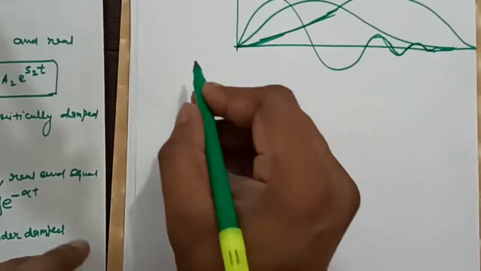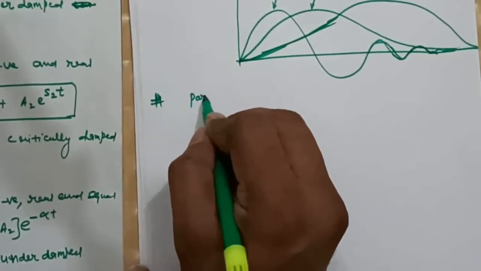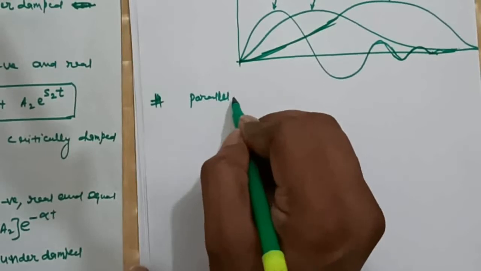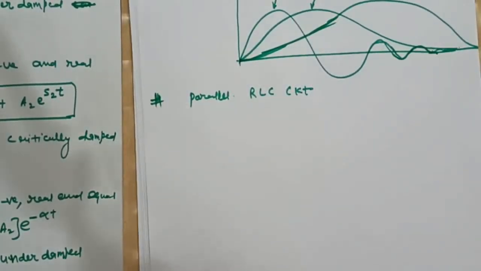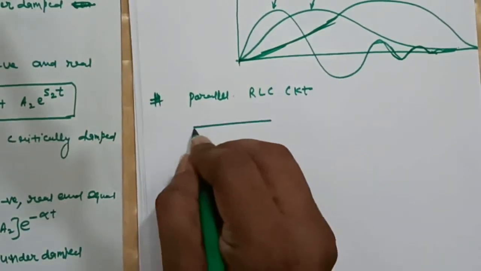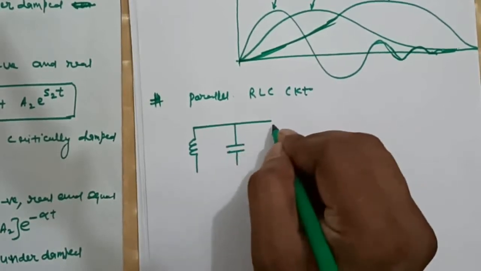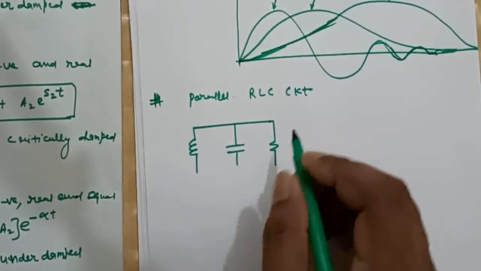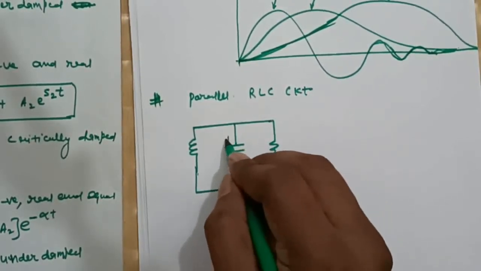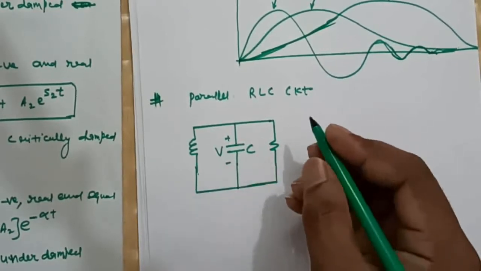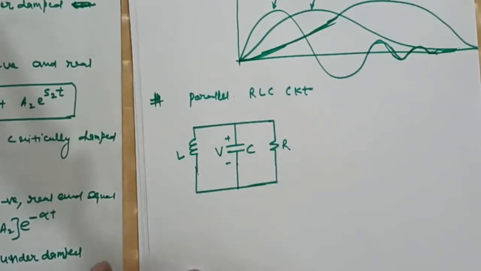Now we will see the parallel RLC circuit, second order system. This is L, this is C. In this case the correct state variable will be the voltage across the capacitor.